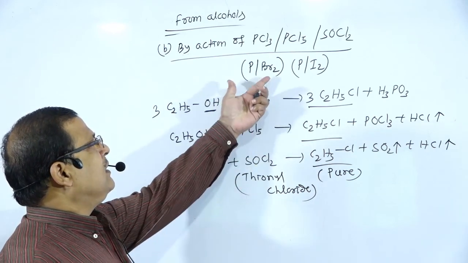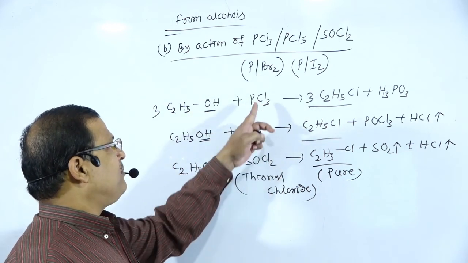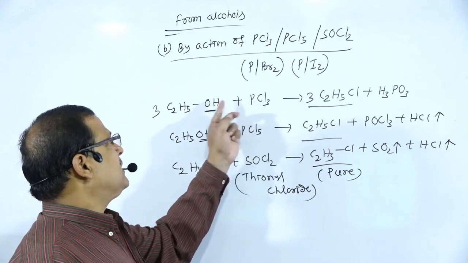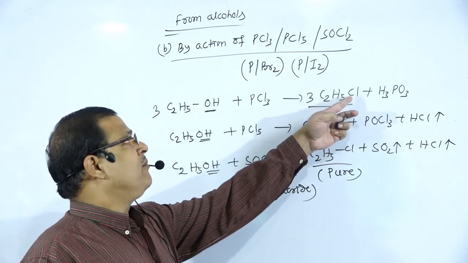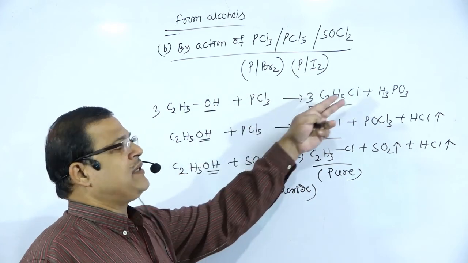If we take red phosphorus and Br2 instead of PBr3, the OH group will get replaced by bromine. With red phosphorus and I2, the OH group is again replaced, by iodine.